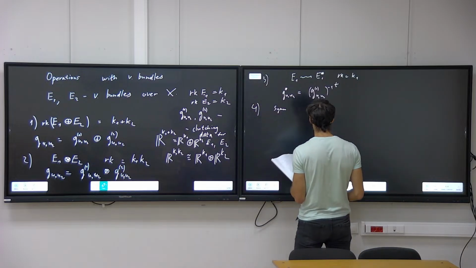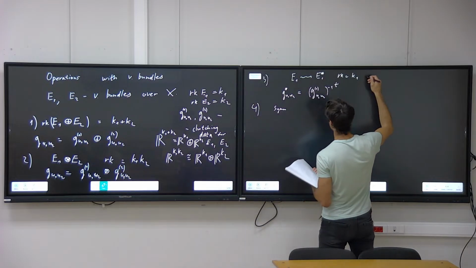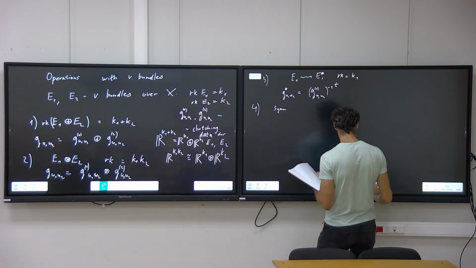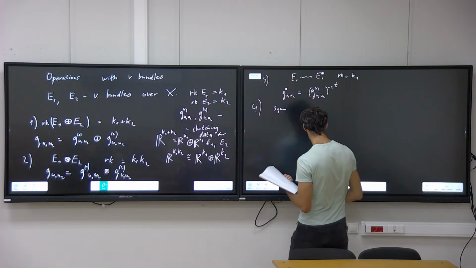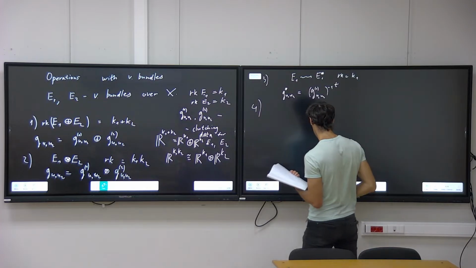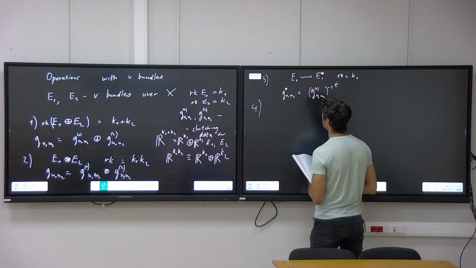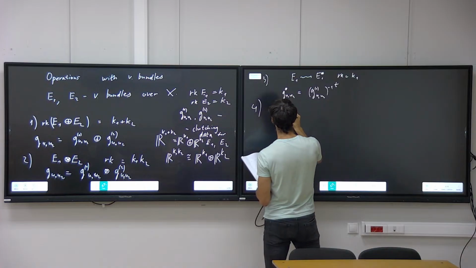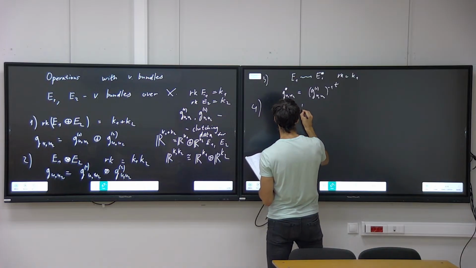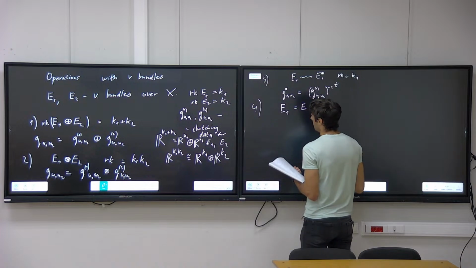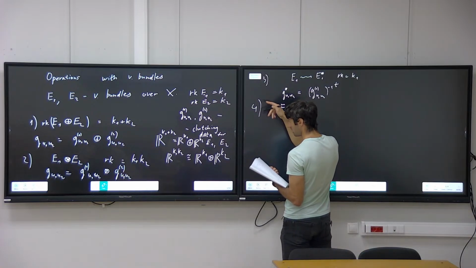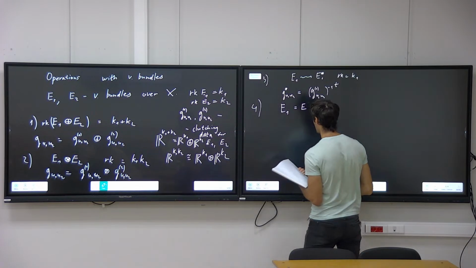Since I'm working with just one vector bundle, let me get rid of this E1 and just write E. The corresponding rank is k, and g is the clutching data.